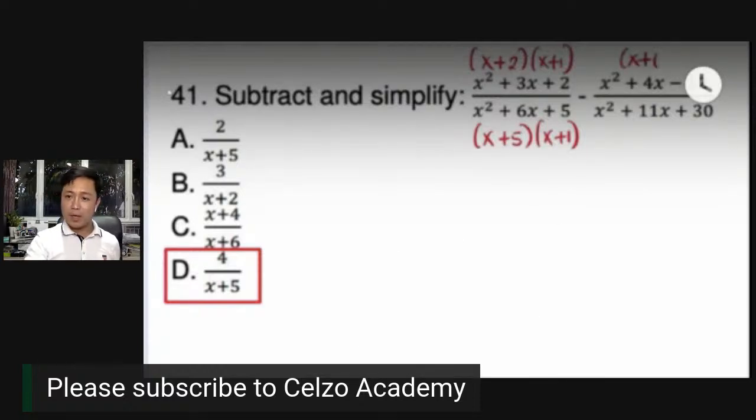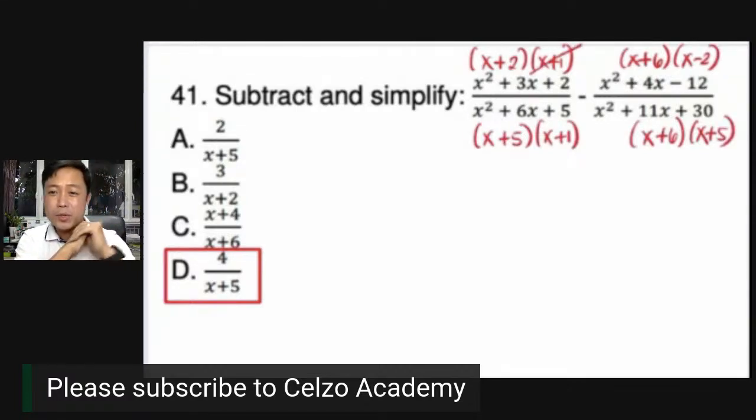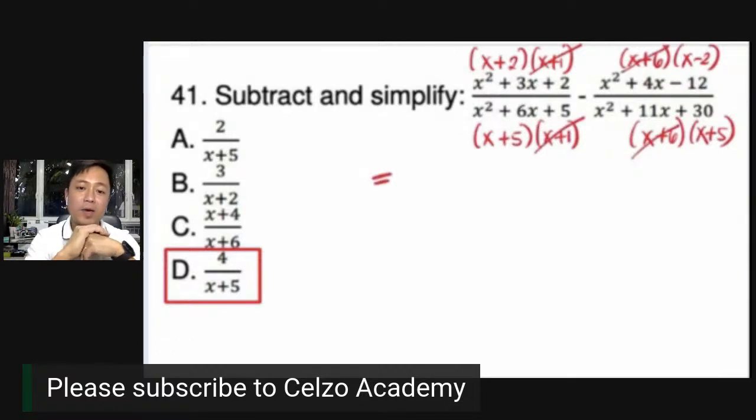The same thing for the second fraction. We need to factor it out, x plus 6 and x minus 2. And for the denominator, we need to use 6 and 5 to get a product of 30 and a sum of 11. And what did you notice? Yeah, we can cancel out those x plus 1s and x plus 6. So we have a simpler rational expression.